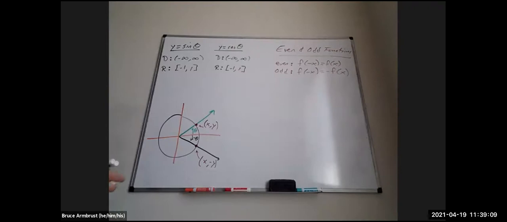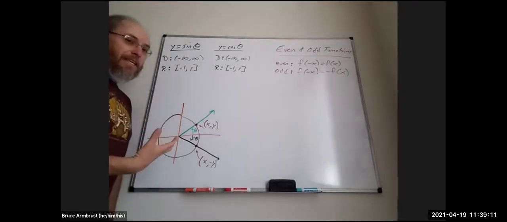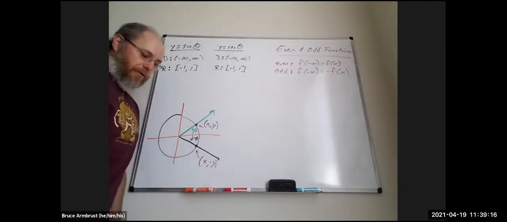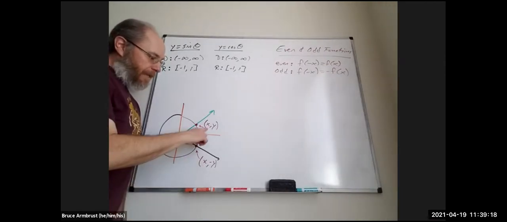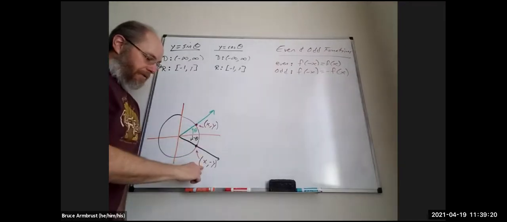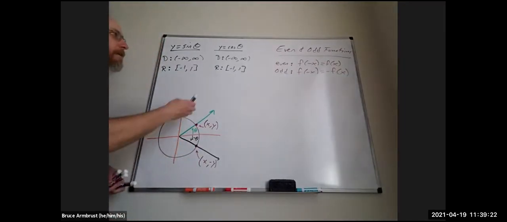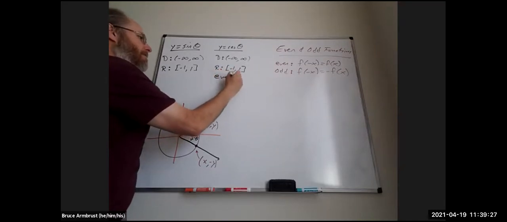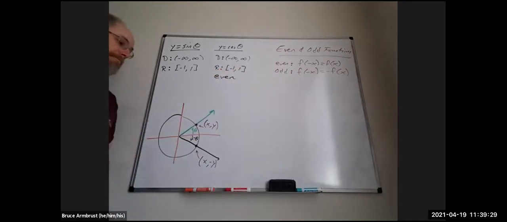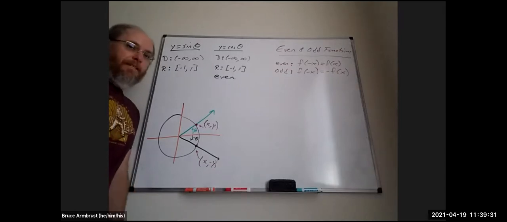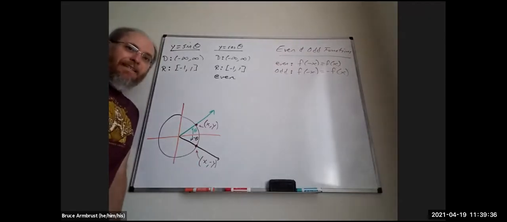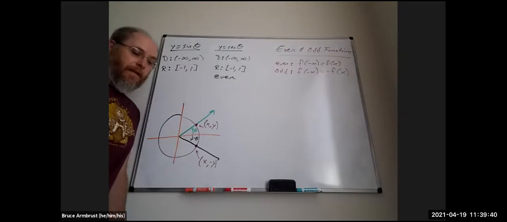Okay, well, think about this then. A function is even if when you go the other direction, you get the same value out. Well, the one that's the same is x. So that means that cosine of theta is an even function. If you go the opposite direction, you're going to get exactly the same value for the x coordinate, and the x coordinate is your cosine.